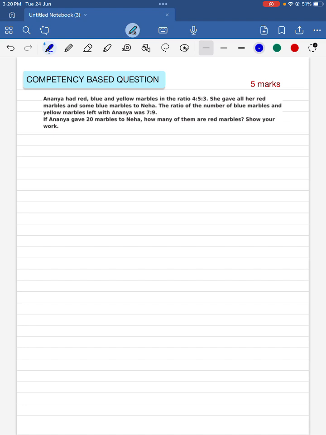Show your work. Okay, so let's assume that the number of red marbles with Ananya is equal to 4x. Now why is it 4x? Because they've given the ratio as 4:5:3.